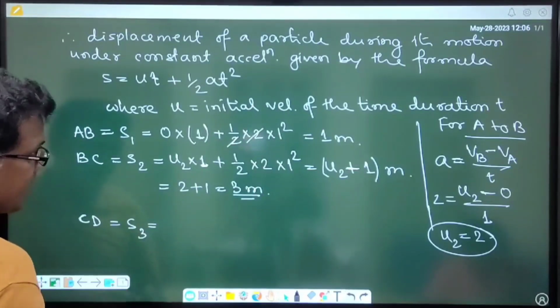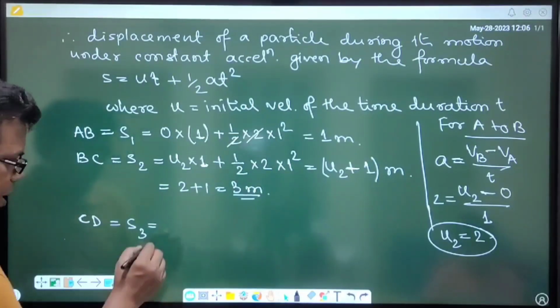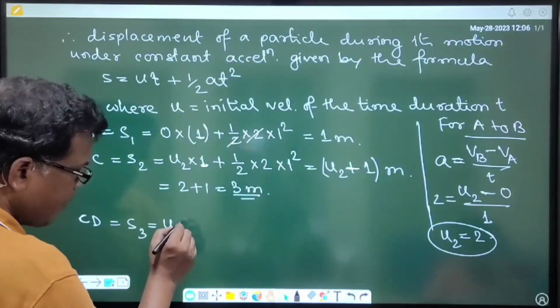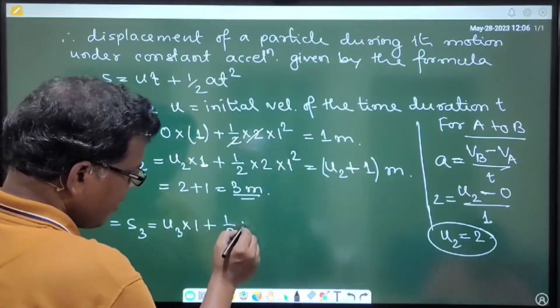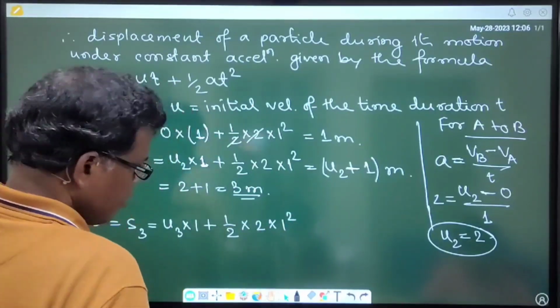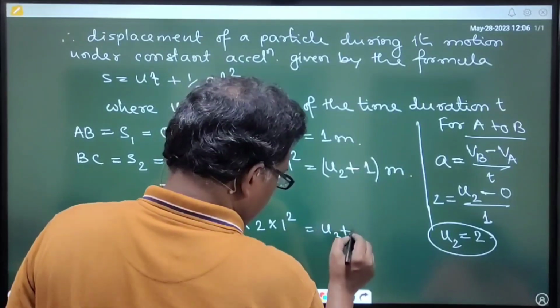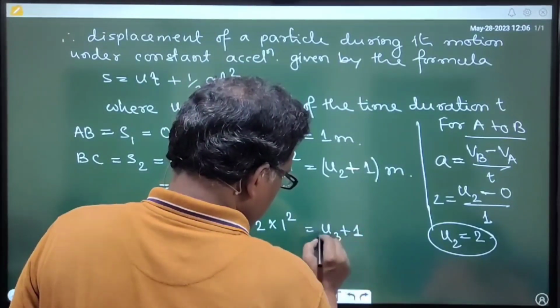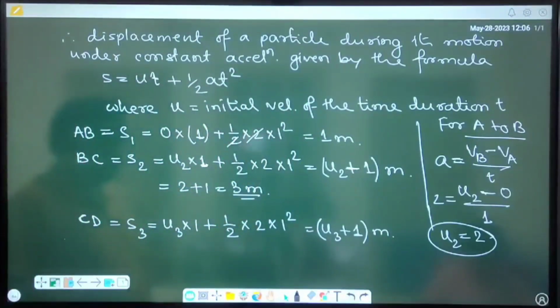So at C, the initial velocity that I assumed is u3, right? So I need to write down the displacement formula u3 into 1 plus half a into 1 square, yes or no? So the result will be u3 plus 1 meter will be the displacement, and again we need to know about u3, right?